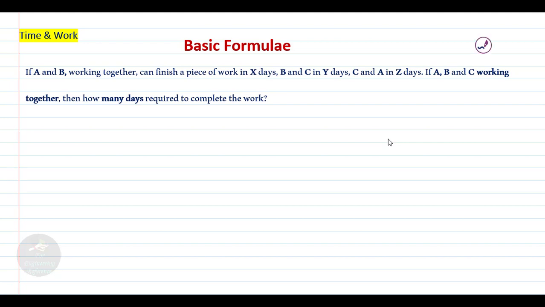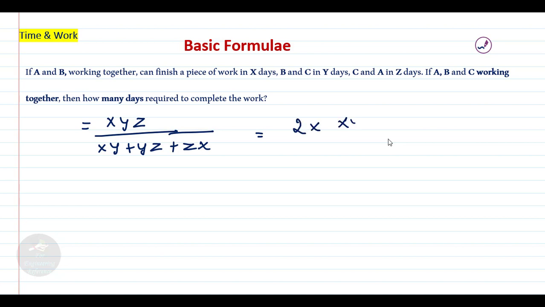So let's first write that formula, which is X into Y into Z divided by, okay, we know this. What we can do is 2 into the formula, which is 2 into XYZ divided by XY plus YZ plus ZX. That's it.